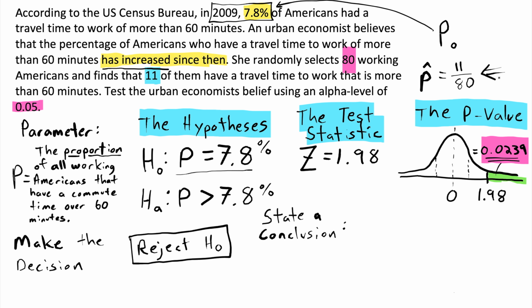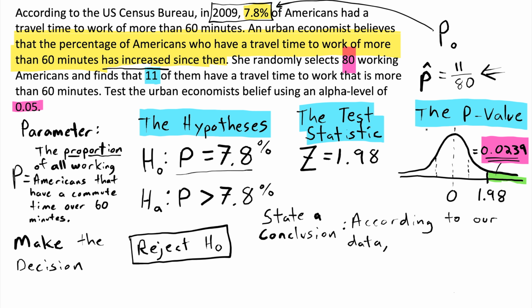And if we had collected different data, we might have gotten a different result. So we'll say according to this data, and now we just want to say whether or not we have reason to support her claim. She thought that the percentage of Americans who have a travel time to work of more than 60 minutes has increased.